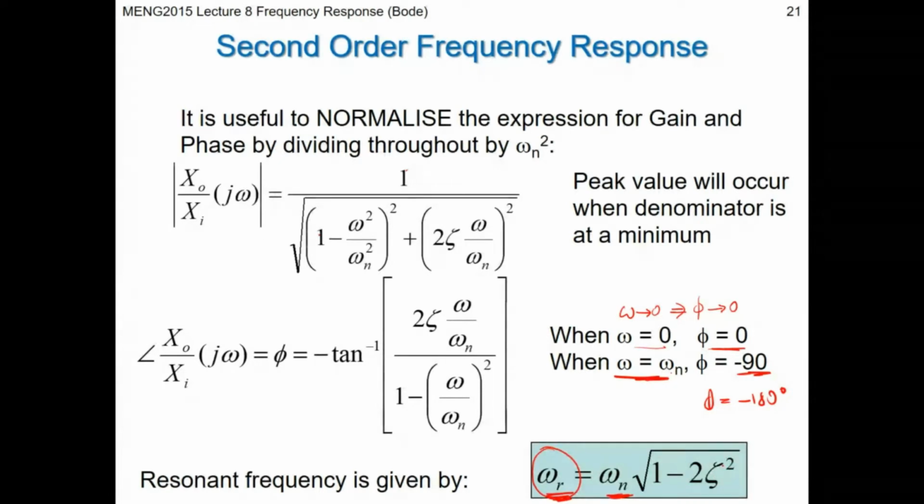So if we have a very low damping ratio, our resonant frequency will be the same as our natural frequency. If our damping ratio increases, to about 0.8 or something, then you're going to have a bit of an offset of the natural frequency. Not a very large effect, but it's something you have to bear in mind and note.